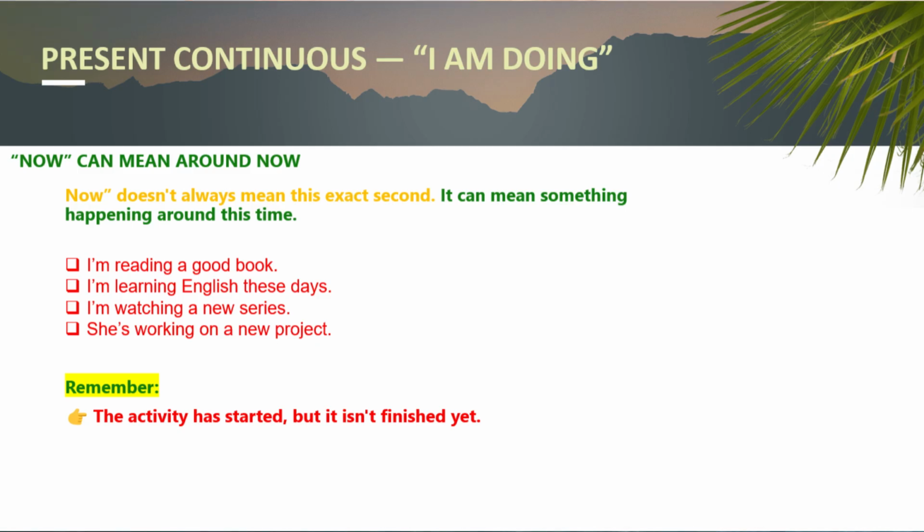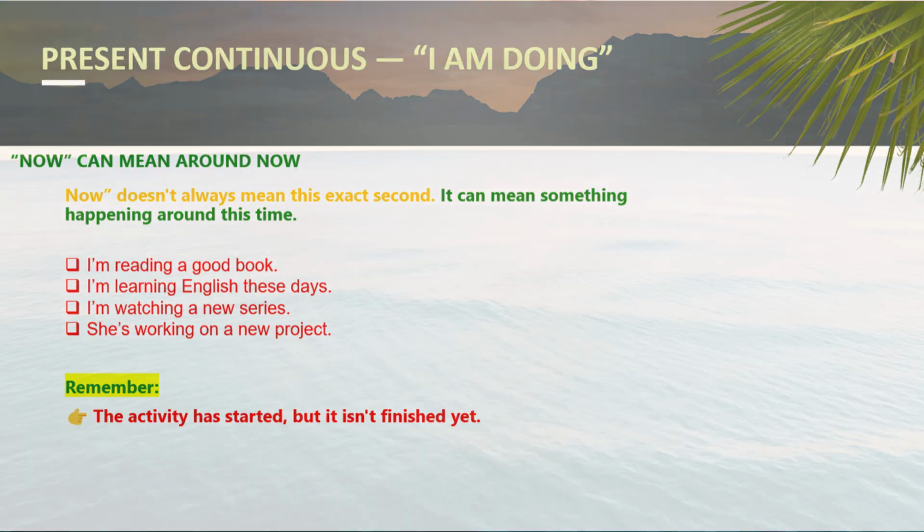Again, you're not necessarily watching it at this exact second. You have started watching it and haven't finished it. So remember, present continuous can describe something happening right now or something happening around the present period.